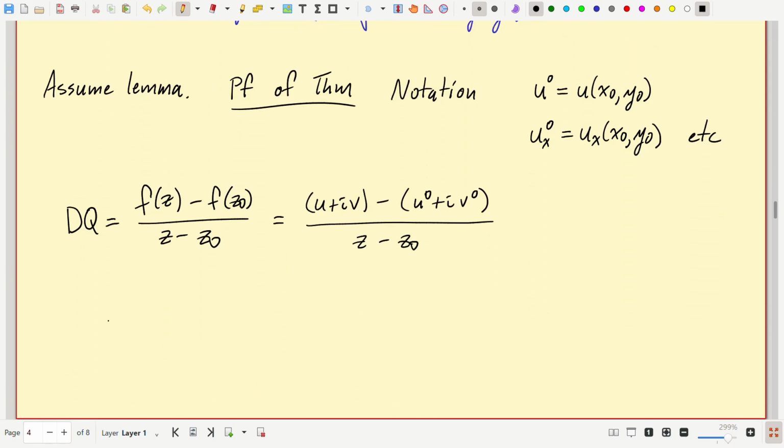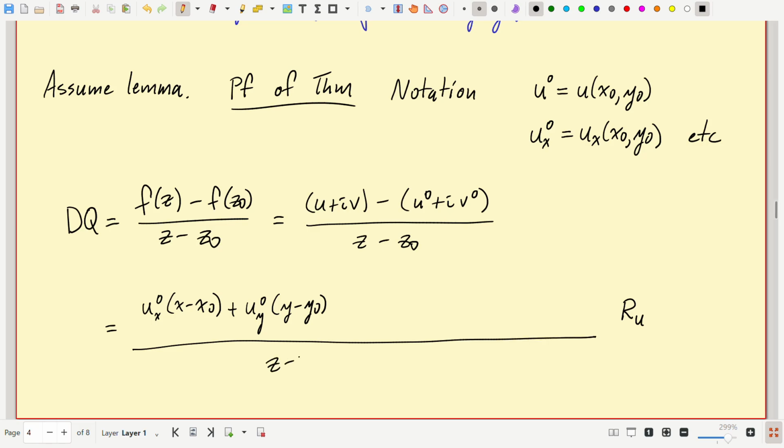That's equal to the first order Taylor polynomial, du dx naught times x minus x naught plus du dy naught times y minus y naught, and then I'll call the remainder ru. I'm going to divide this thing by z minus z naught.